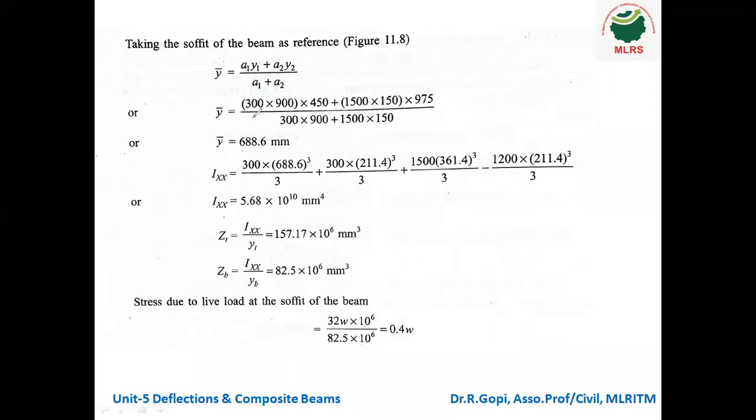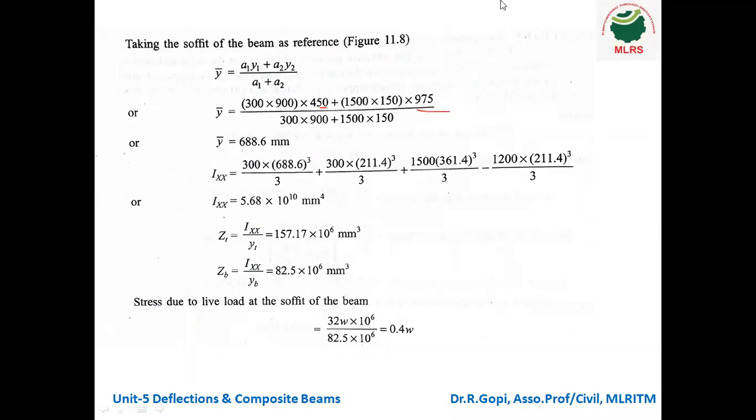Therefore Y bar is equal to 300 into, what is the area of the beam? 300 into 900. So the centroid is 900 by 2, 450. Next, coming to the slab, area of the slab is 1500 into 150, and the centroid distance from the bottom of the beam to the center of the slab is 975.